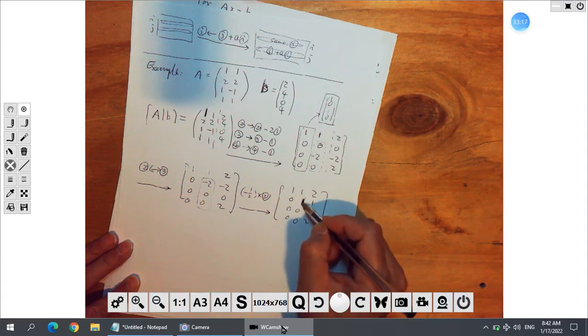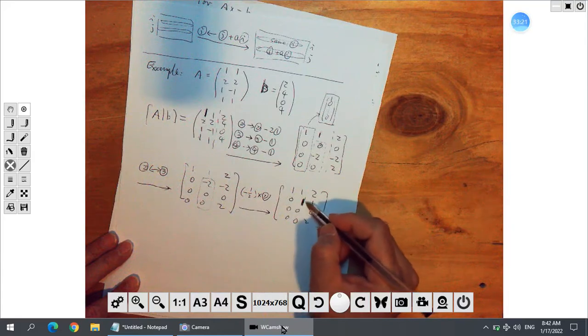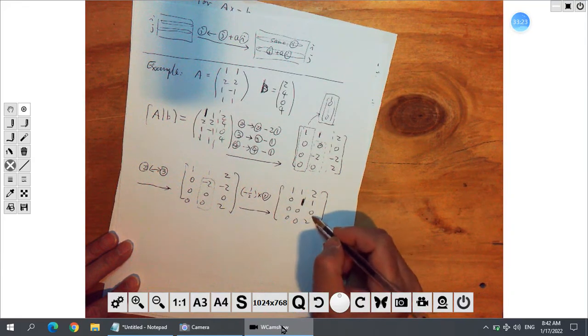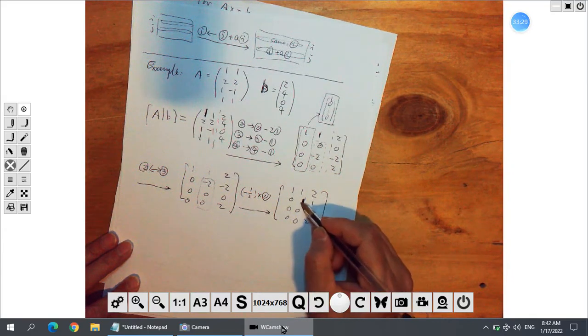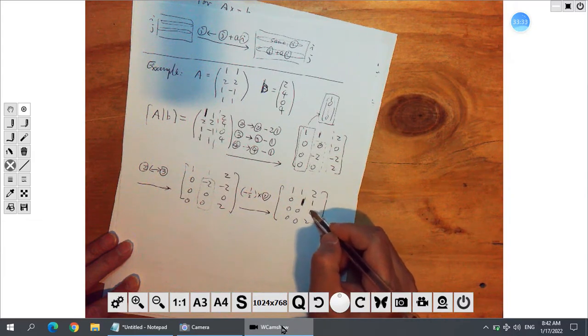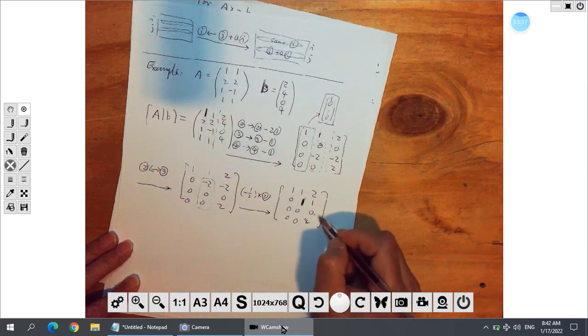Yeah, we have 1, 0, 0, so this column is good. Then we check the next column. We want this element to be non-zero, or to be 1, similar to here. But this is not 1, you see? We have 2 here. So we can change the order of these 2.